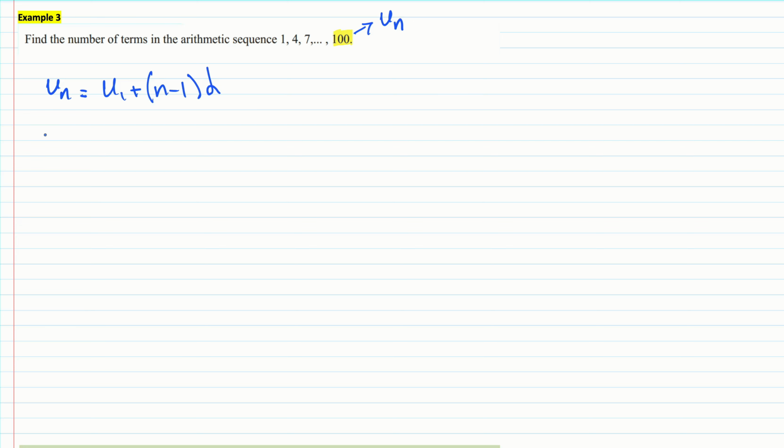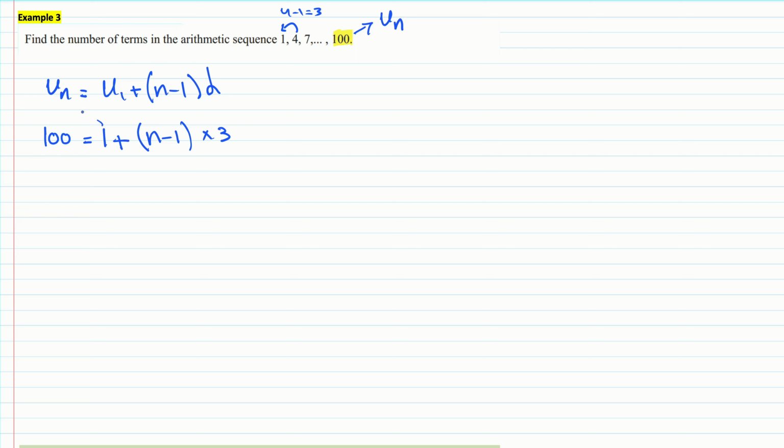un value is 100, equals u1, the first term, which equals 1, plus n minus 1, n you want to find, and d is the common difference. You can find it by subtracting any term minus the previous term. So 4 minus 1 equals 3. You can solve it any way.